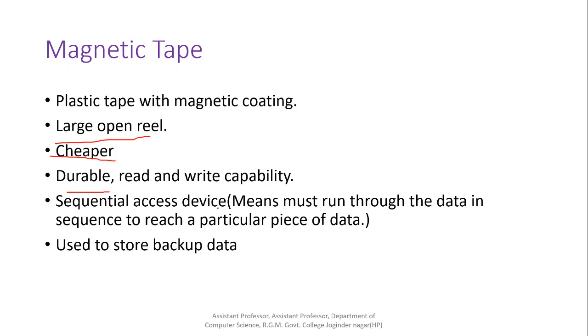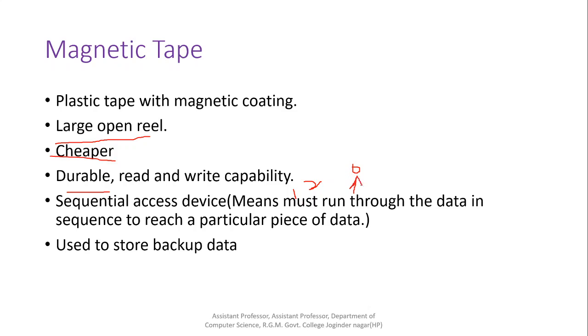So if we want to access block 6 in magnetic tape, we have to start from the beginning, from the first block, then go to the second block, then third, and then the sixth block. So it is a kind of sequential access. We can't directly access block 6.